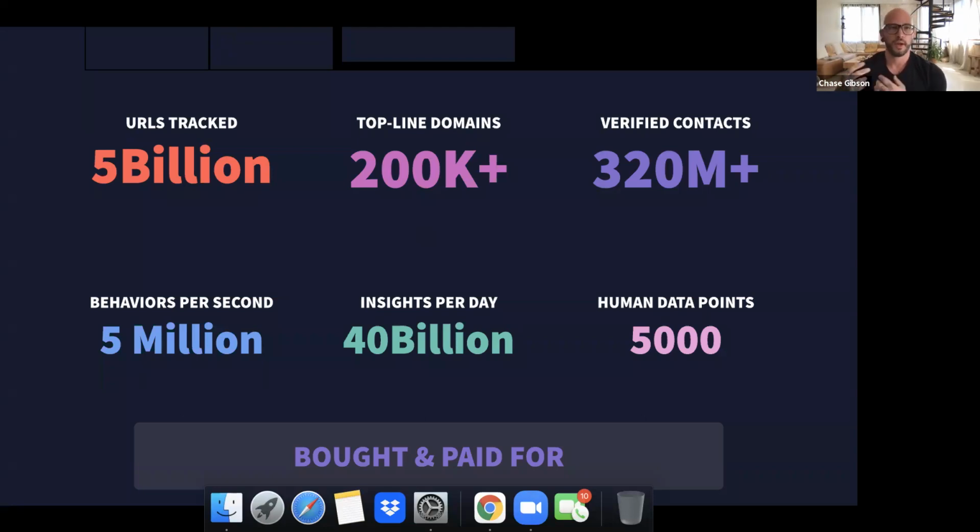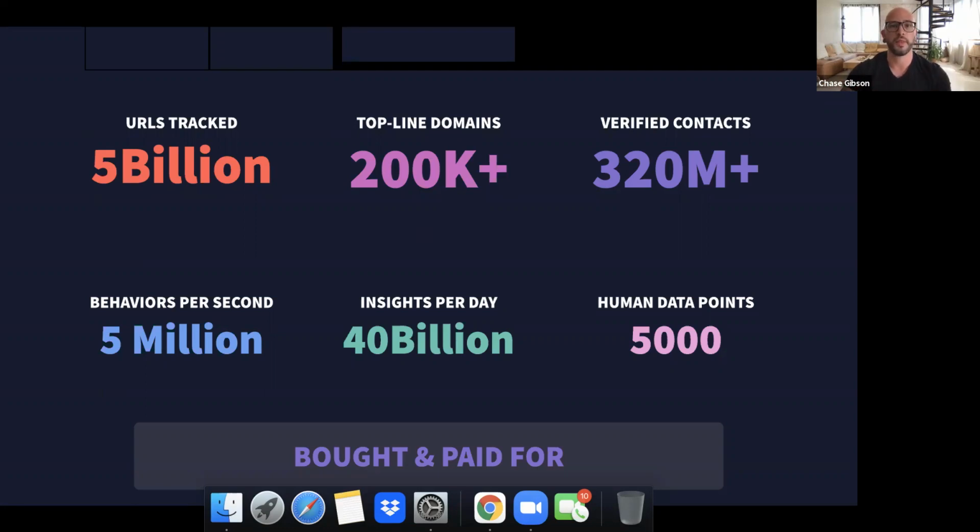So if you're doing remarketing campaigns right now on Facebook, obviously you're limited to a certain time frame, and you're only getting the data that Facebook gives you. But what if you could actually unlock every person that's coming to your website, know who they are, where they're from, and get their email, and then be able to retarget them on Google or YouTube or Facebook or wherever you want? That's really what we're talking about doing.